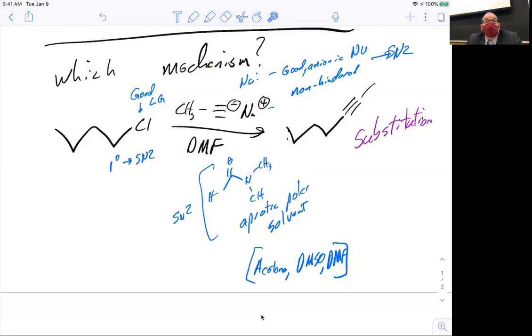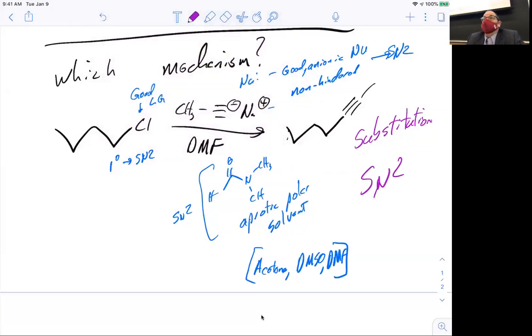I don't have to worry about protonating it or anything before. So it could be SN1 or SN2. So those two right there tell me this is SN2. If I knew DMF, I could confirm that again with SN2, right? So I've got three things that are SN2, and I have a good leaving group, which could be SN1 or SN2, right? So that means that my mechanism here is going to be SN2, right?